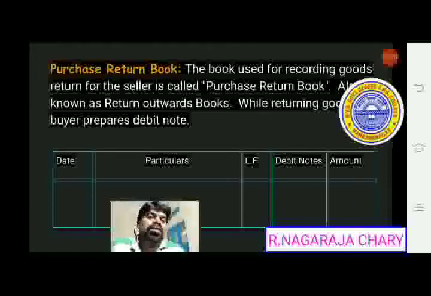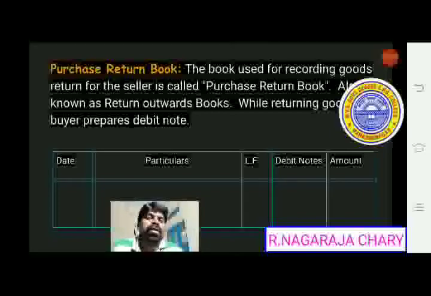Next, particulars, to whom we are sending. Earlier we discussed Ramu company, Sumu company, XYZ company, PQR company. We may have different companies from where we purchased and to whom we are returning. Example, we purchased from XYZ company. Is it possible to return to PQR company? Not possible.